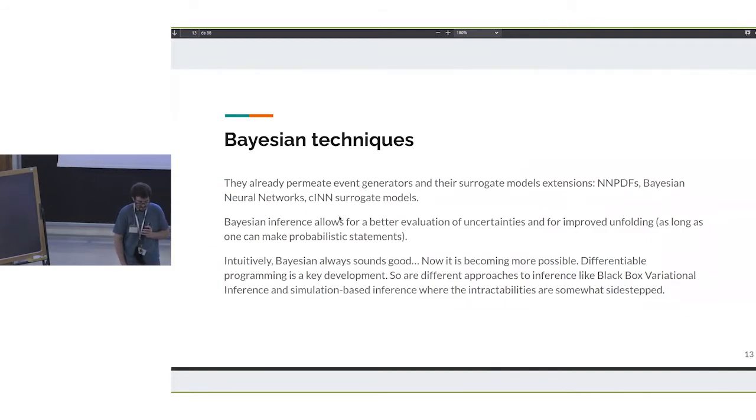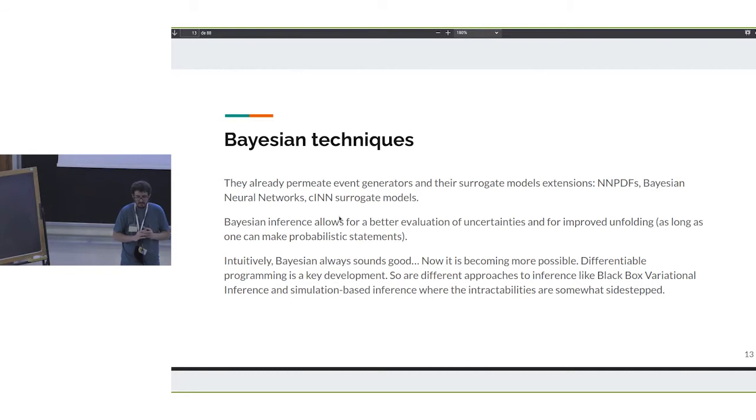For me, intuitively, Bayesian always sounds good, at least for me, because it really helps you control all the modeling assumptions and to really get a self-consistent way of going from measurements to parameters. And now the good thing is that it's becoming more possible. There are a lot of key developments. For me, one key development is the rise of differentiable programming with easily accessible codes like JAX or Pyro or whatever.